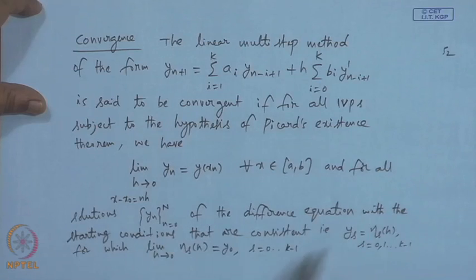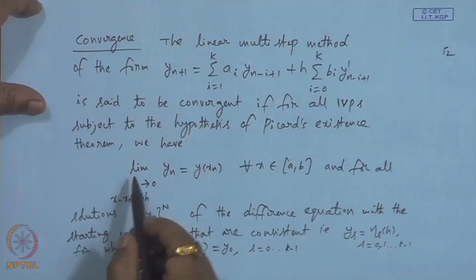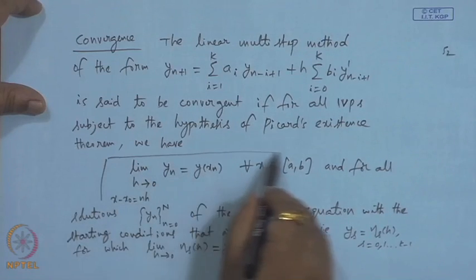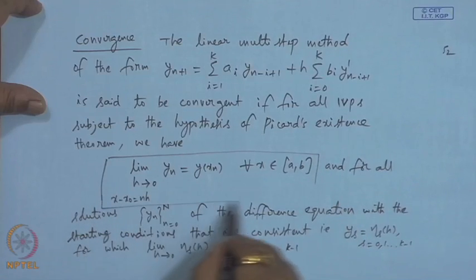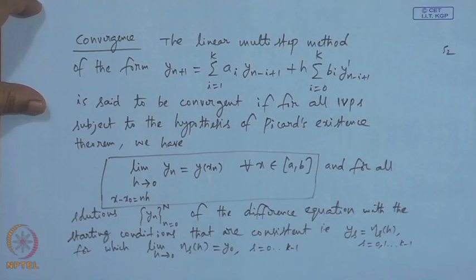So, this is general convergence, and one must understand that it is within the framework of h going to 0.